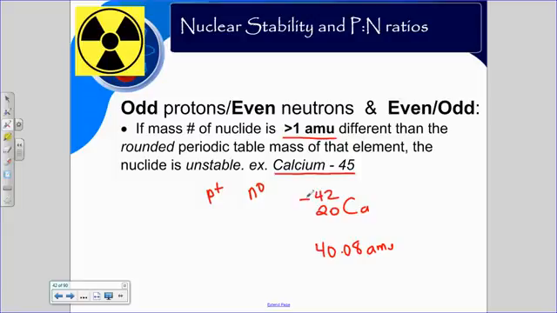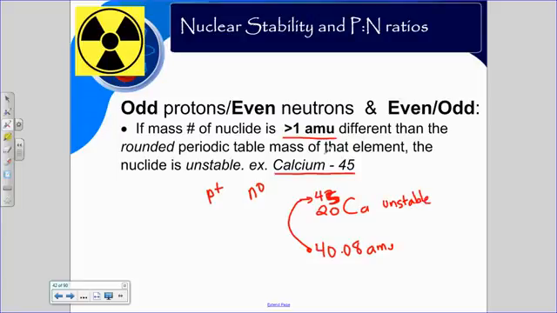And if your nuclide mass is greater than 1 different from your average atomic mass, then your nuclide, when it's even-odd, and it's supposed to be a 5, like I said a minute ago, sorry for not fixing that, 45. Clearly, it's almost 4.92 greater than the average atomic mass. Then calcium 45 must be unstable.